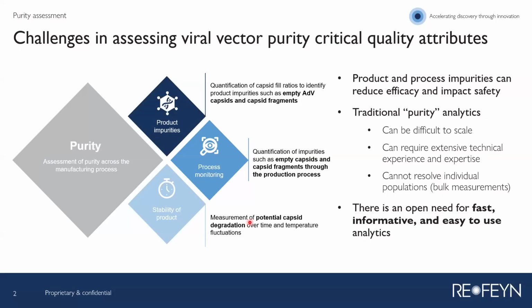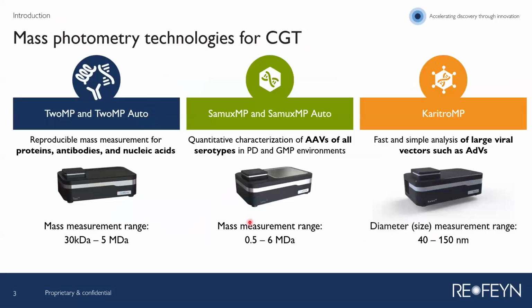In scope of today's presentation, we would like to show evidence of how KaritroMP can be used to measure product impurities, can help with process monitoring, and finally can be an ideal tool for stability of the product.